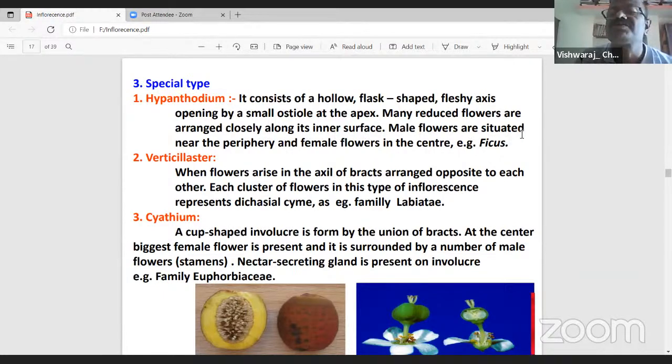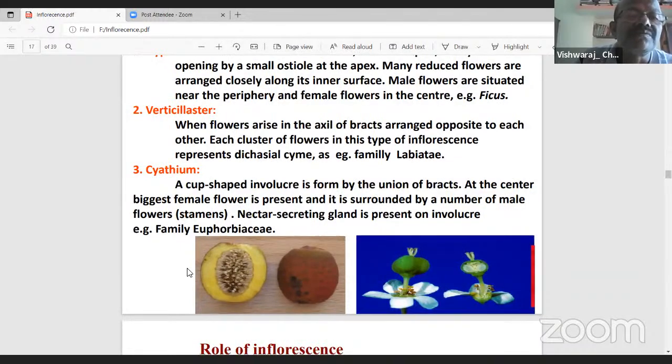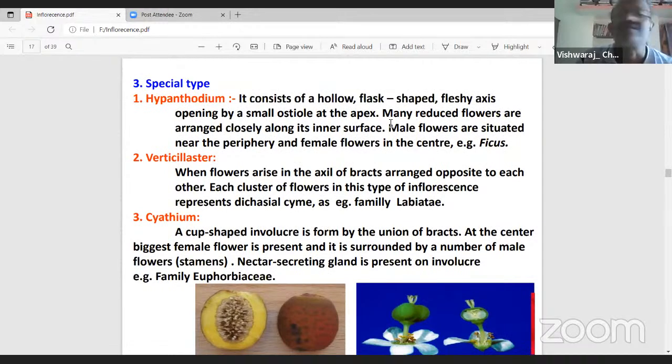Male flowers are situated near the periphery and female flowers in the center. Example: Ficus, fig, umbar.